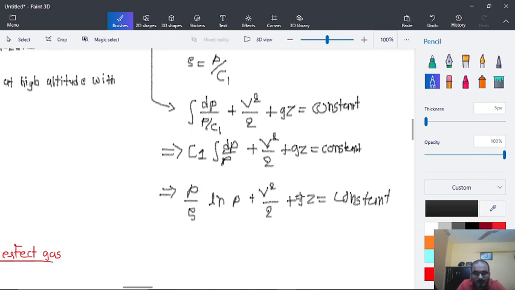And now we will divide the entire equation by G. So P by rho G ln P plus V square upon 2G plus Z is equal to constant.